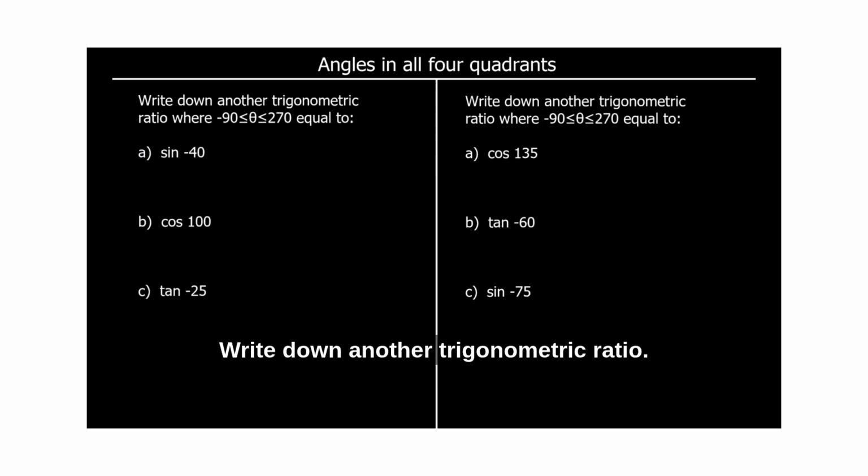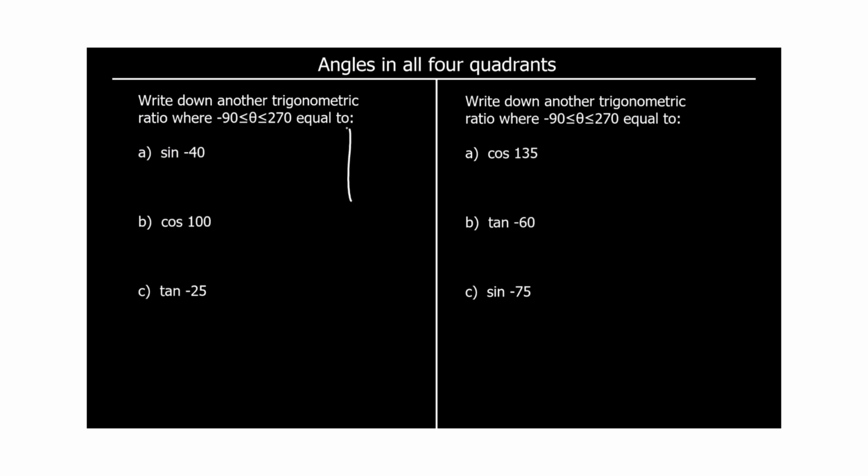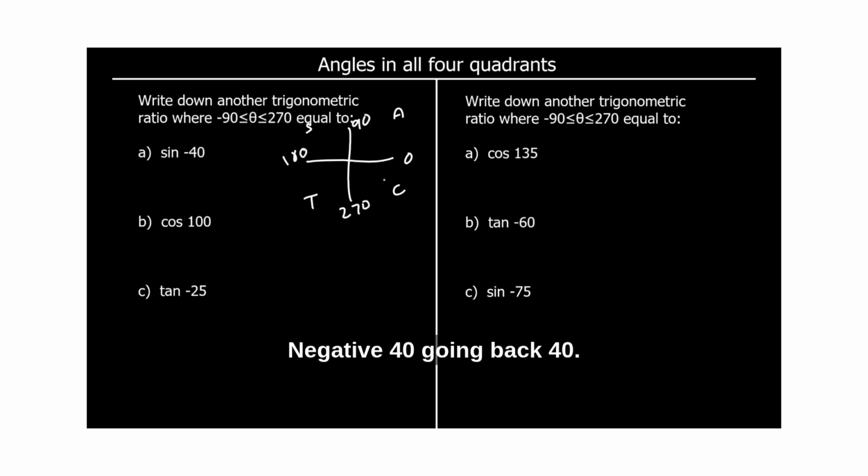Write down another trigonometric ratio where theta is between negative 90 and 270 equal to sine negative 40. So sine negative 40, negative 40 going back 40.